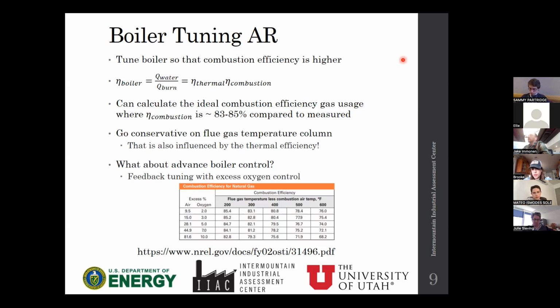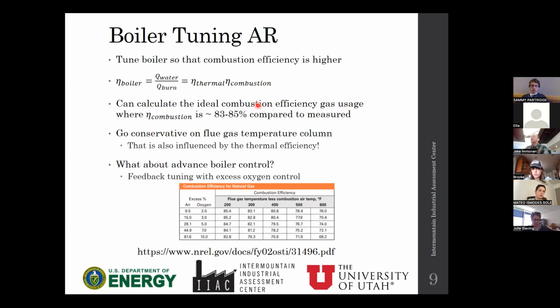One of the common ARs that we'll suggest is to tune the boiler, which means to adjust the air to fuel ratio. Ellie talked about this last week, so I won't go into it a ton. But essentially, we're trying to have them tune the boiler so they get higher combustion efficiencies.